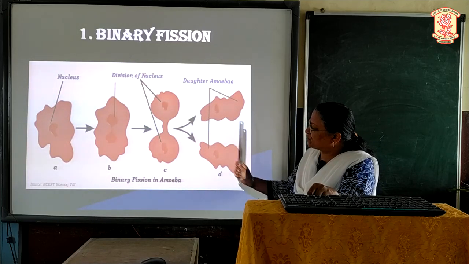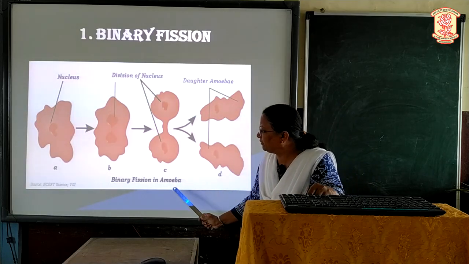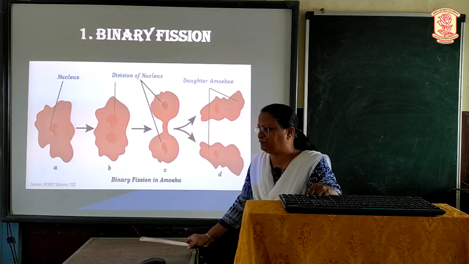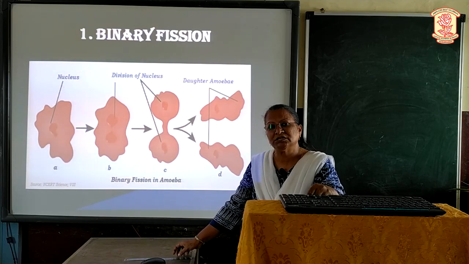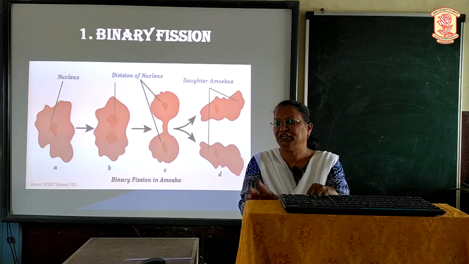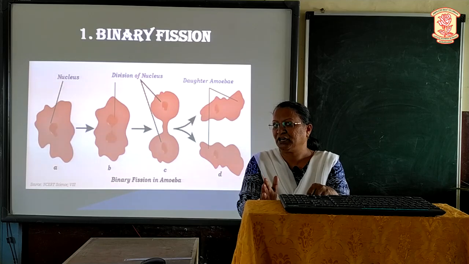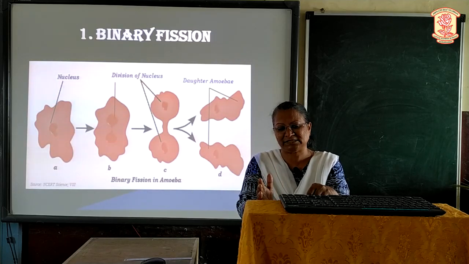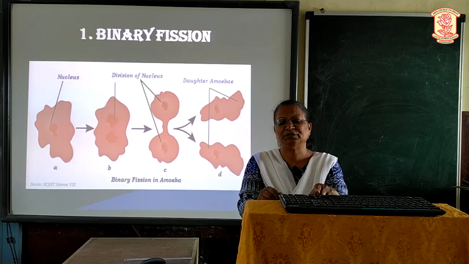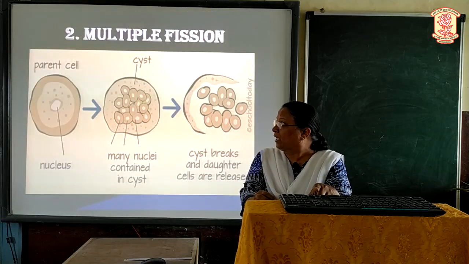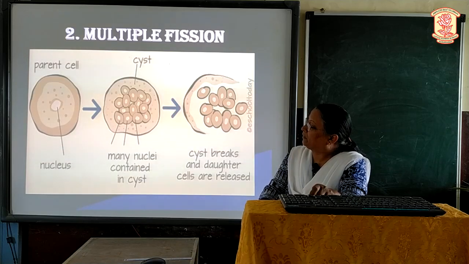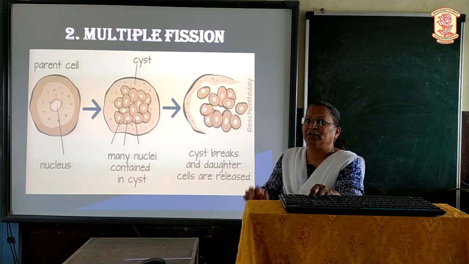So this process of reproduction in case of amoeba is called binary fission. Because the amoeba does not have any shape, the binary fission takes place in any axis. Now we proceed to the next type of asexual method, that is multiple fission.